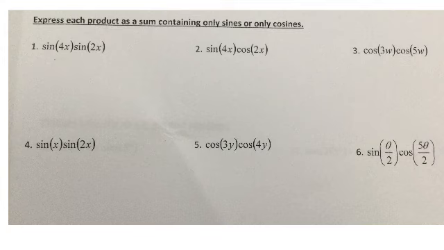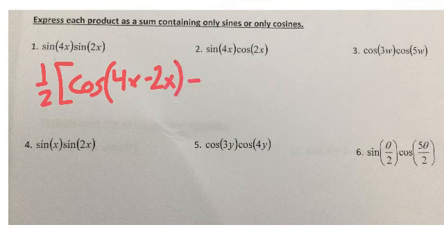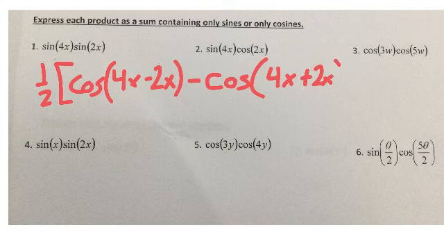So if you're looking at the top there, this can be rewritten as 1/2 times cosine of, okay, my x value is 4x minus my y value, which is 2x, minus cosine of my x value, which is 4x, plus my y value, which is 2x.